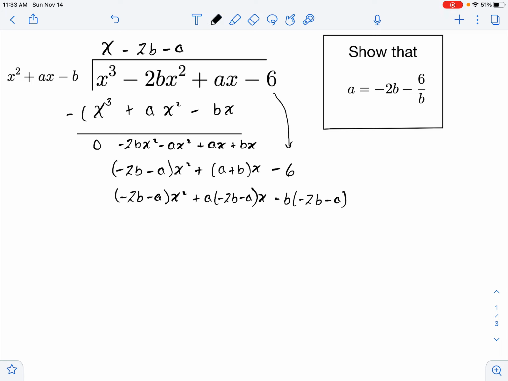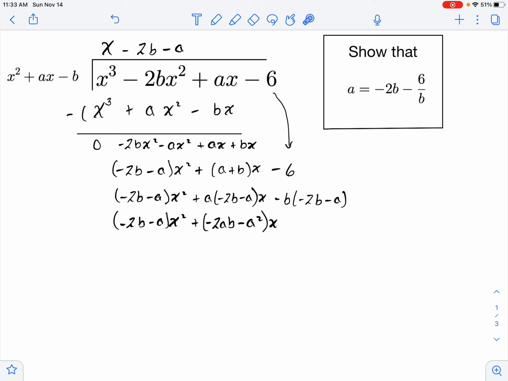So this line here is fine. That's minus 2b minus a, x squared. If I distribute my a here into minus 2b minus a, I will get plus minus 2ab minus a squared, x.